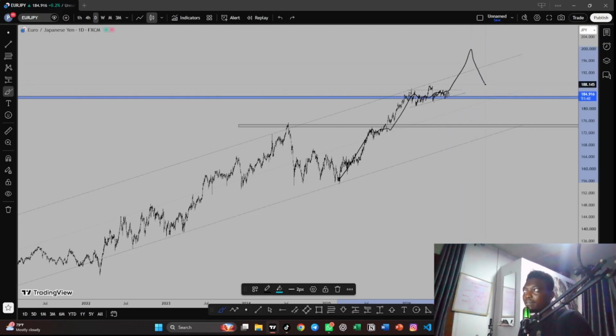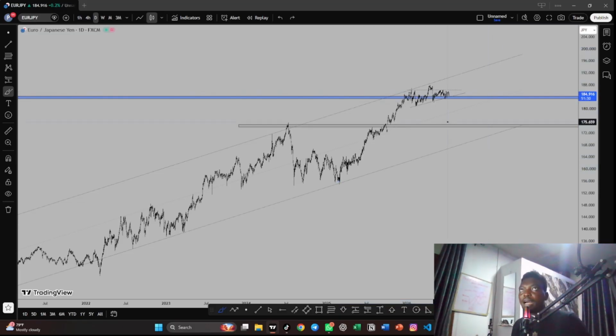Sometimes you might have that deeper retracement, sometimes you might not get that. That is the reason why you need to also understand chart patterns, or you devise other methods in which you can enter a trade. And that will be it on this episode of Market Breakdowns or Chart Insight.